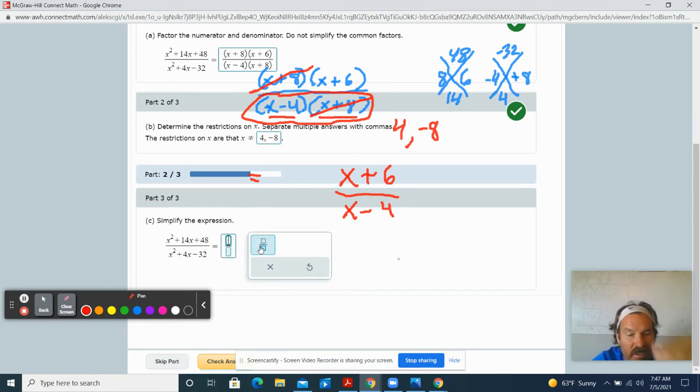X plus 6 is on top. I think we need to leave them in print. I'm going to try not putting parentheses in. I'm just going to put x plus 6. Don't believe we need parentheses. I think we can just leave them out here. And then x minus 4.